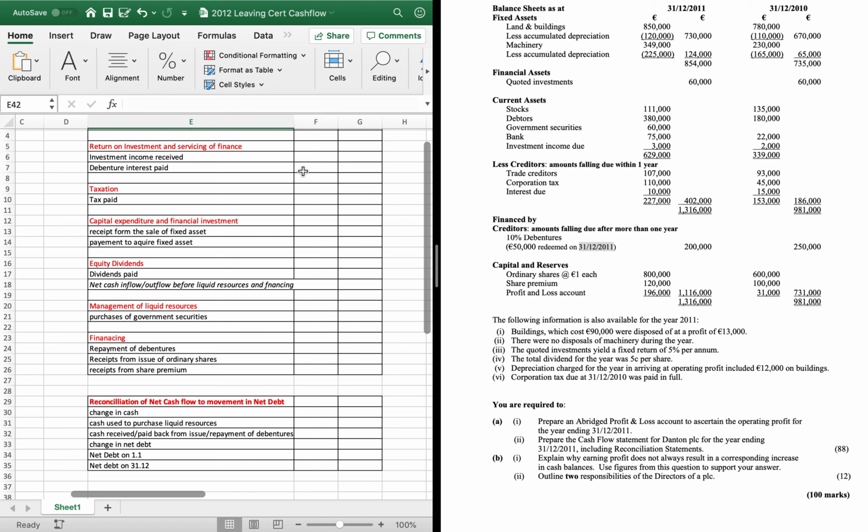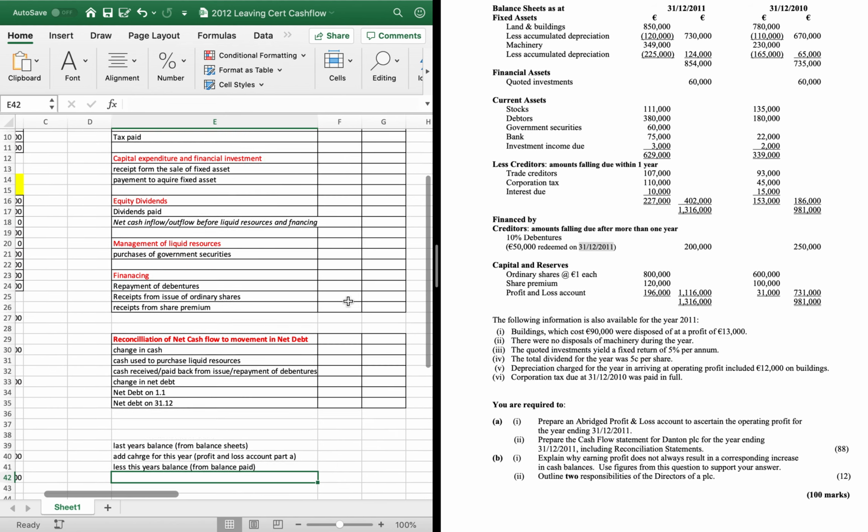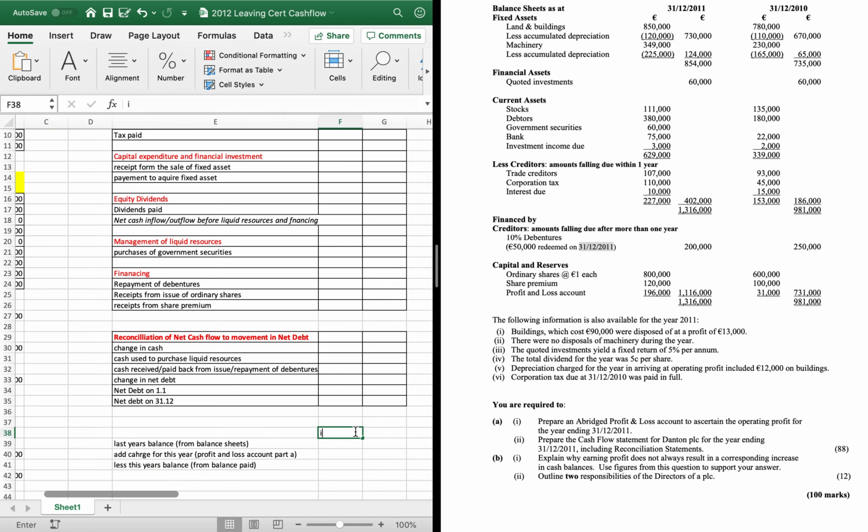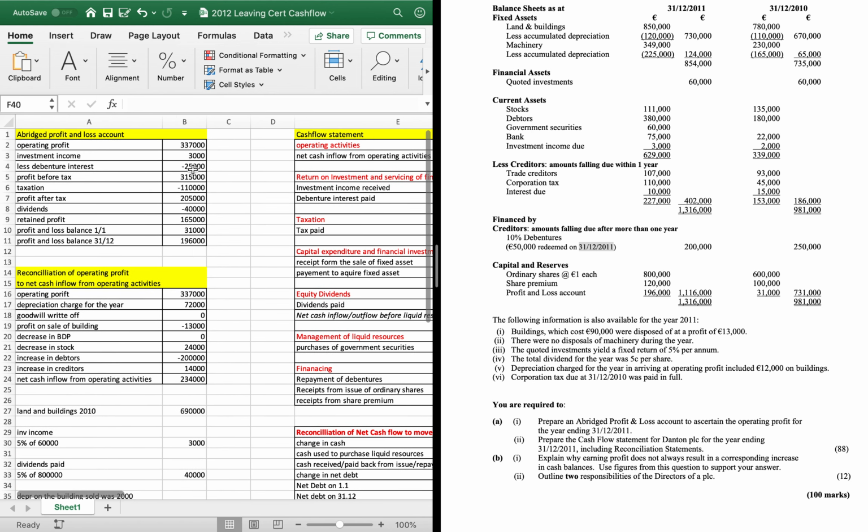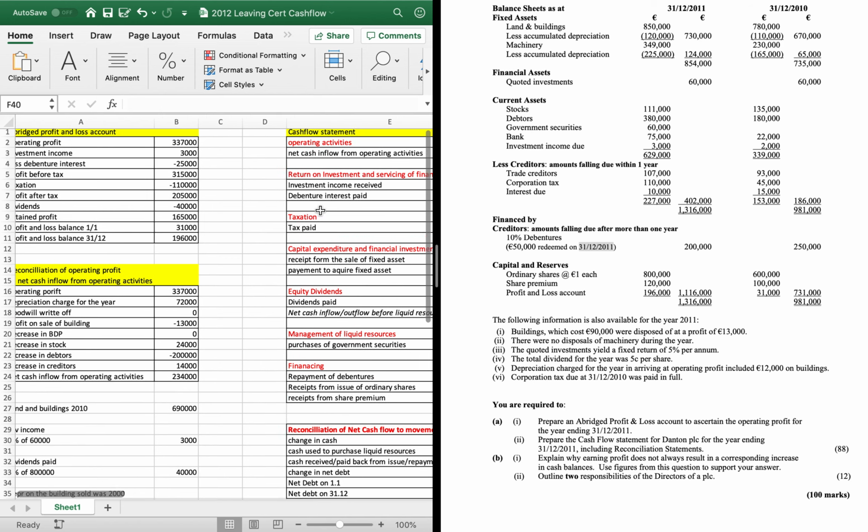So let's start with our investment income. There's an investment income of 2,000 at the start of the year. That's our balance at the start of the year. We earned investment income of 3,000. Remember, it was 5% of the 60,000.